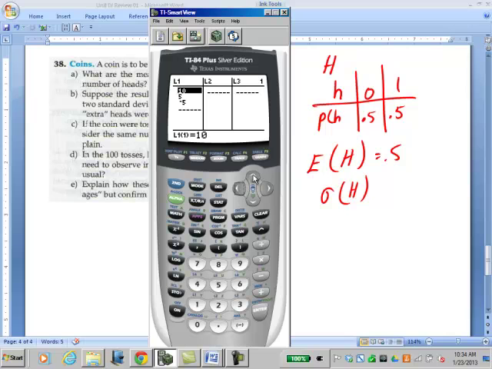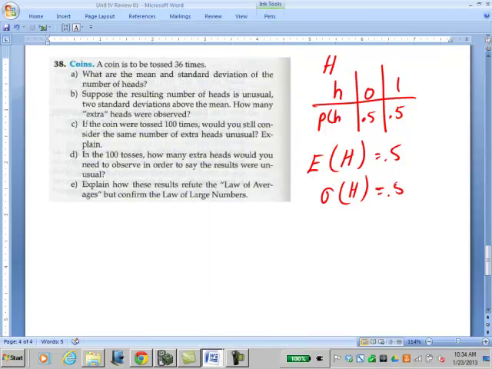So we put in 0 and 1, the number of heads you can get, and then the two probabilities, 0.5 and 0.5. Now I'm going to do stat, calc, one variable stats, second 1, comma, second 2. Okay, so the standard deviation is 0.5, which is what I expected.